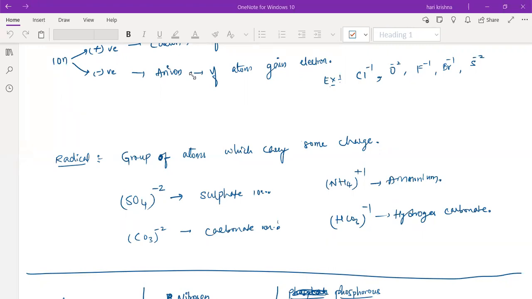Phosphate. Mohit. Sir, is it PO4? What is the charge on the phosphate? Sir, it is PO4, minus 3. Charge is also important. PO4 minus 3 is the charge.